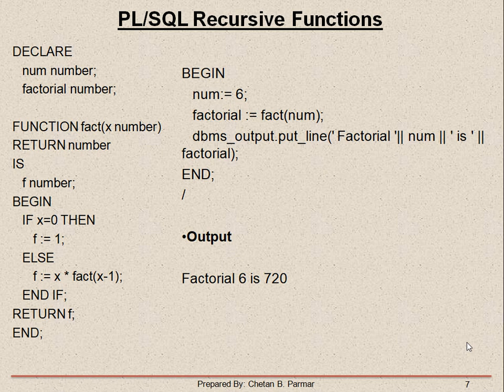Basically in this example I am finding the factorial of 6, which is ultimately 720. 6 factorial means what? 6 into 5 into 4 into 3 into 2 into 1 into 0. Up to that level you have to move, 0. Whenever it fetches value 0, that means it will now wind up this whole process, like 1 into 2 into 3 into 4 into 5 into 6, and then counting all these values and generating the result.